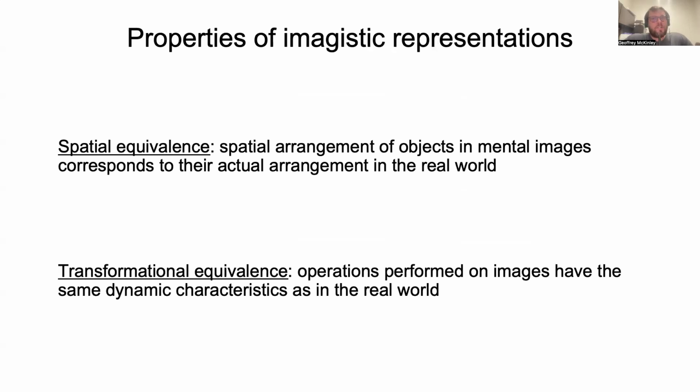Operations performed on images should have the same dynamic characteristics as in the real world. The way objects are arranged in the real world should correspond to the way they're represented mentally. So that's the spatial equivalence part.